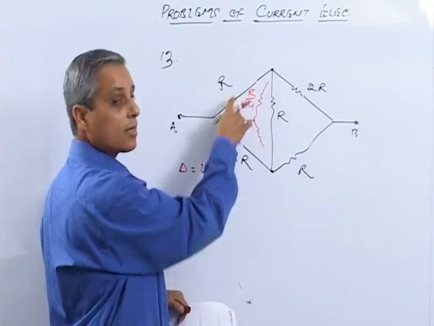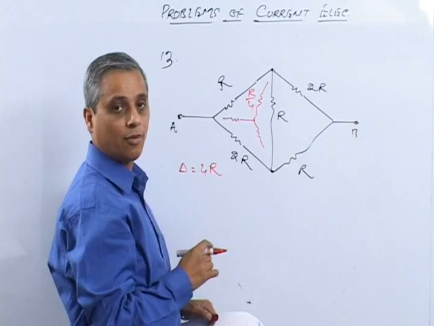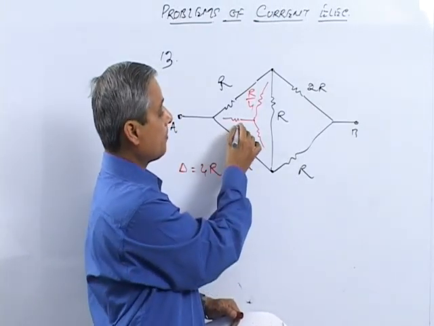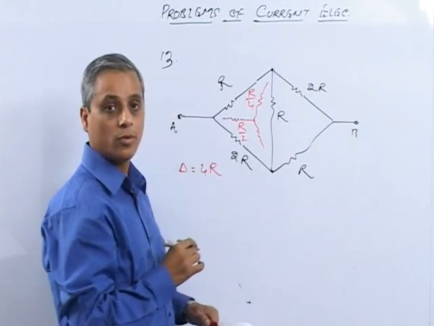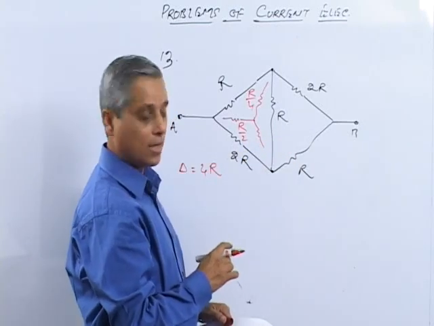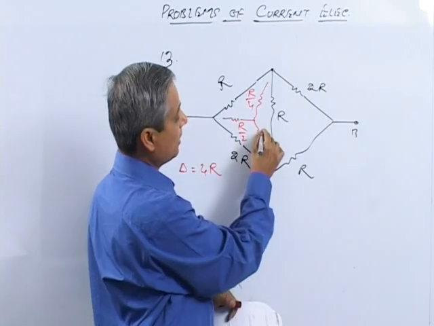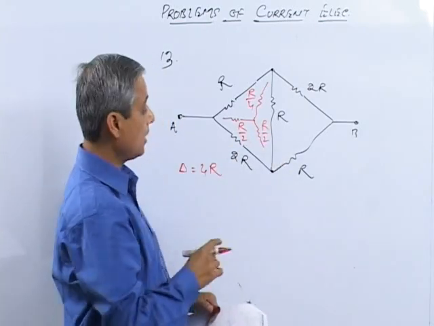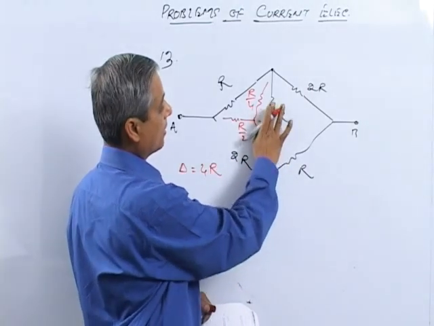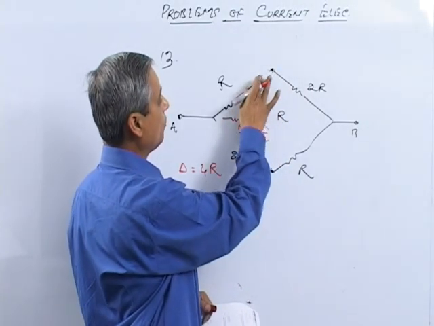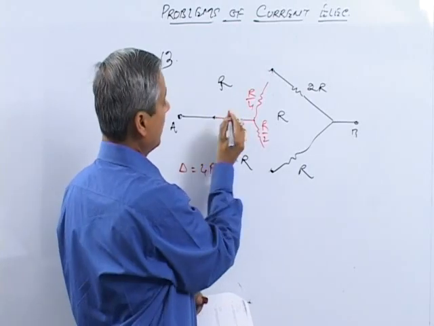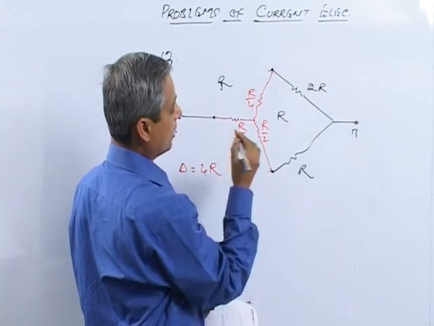Similarly, you multiply R and 2R, that becomes 2R square divided by 4R, which makes it R by 2. And similarly here, it is 2R and R, 2R square divided by 4R, which again makes it R by 2. Then you can remove these 3 resistances which we have converted into the star configuration, and connect these to their respective terminals.